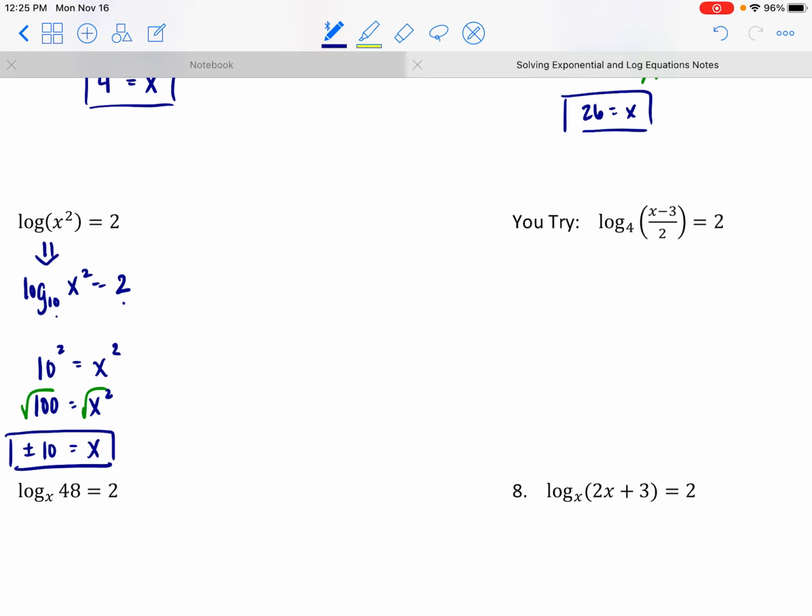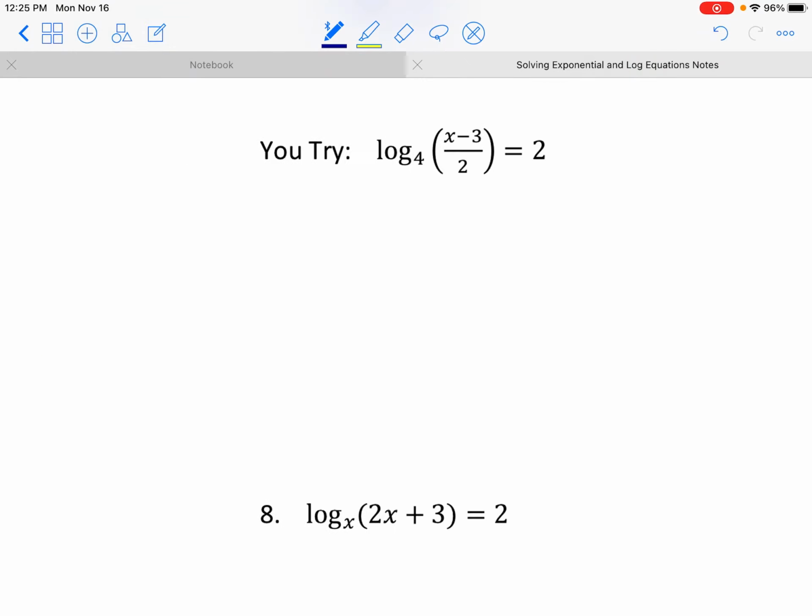All right, and again, one for you to try if you're feeling all right with this so far. So pause the video and give it a shot if you can. If not, when I rewrite this, it's 4 squared equal to our argument, which is x minus 3 over 2. Now 4 squared is 16, so I'm going to make this side 16 equal to x minus 3 over 2.